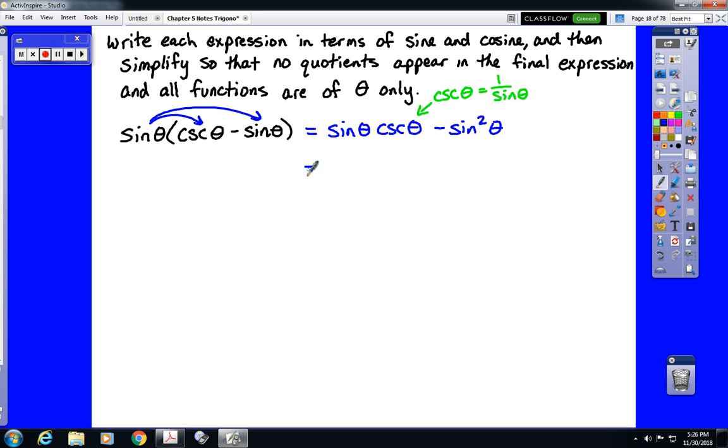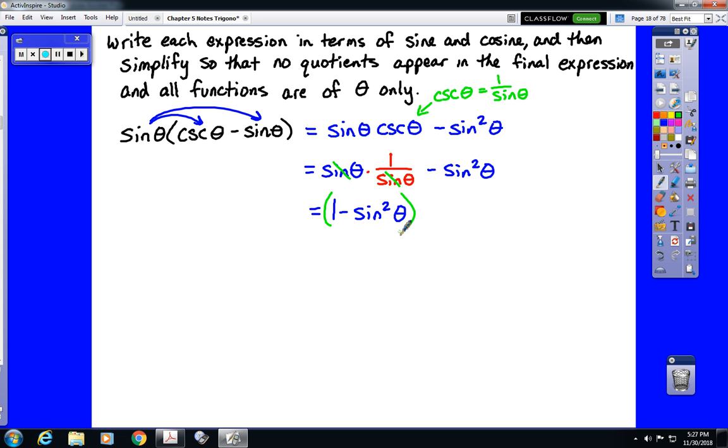So that would be sine times 1 over sine minus sine squared. Algebra brain, cancel the sines, which would give us 1 minus sine squared theta.